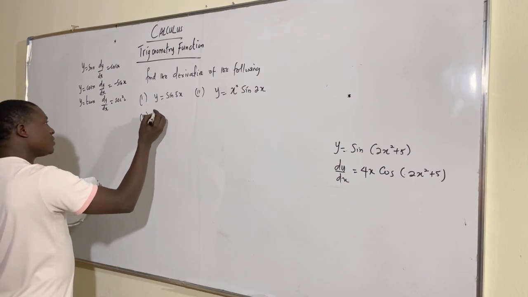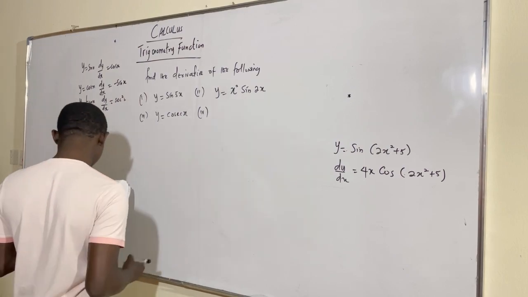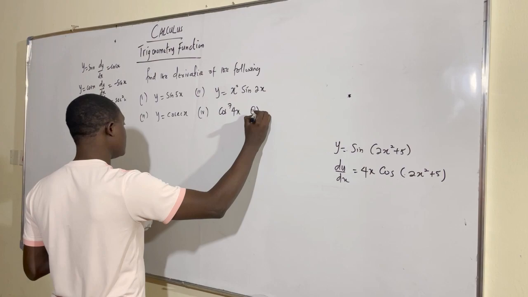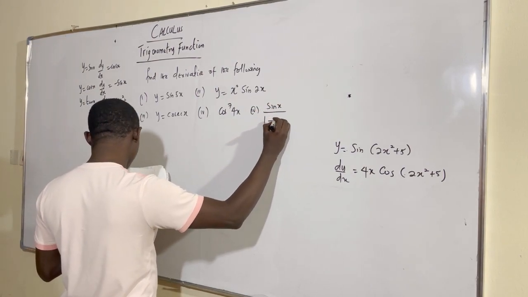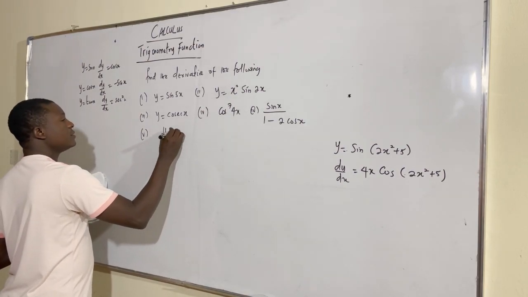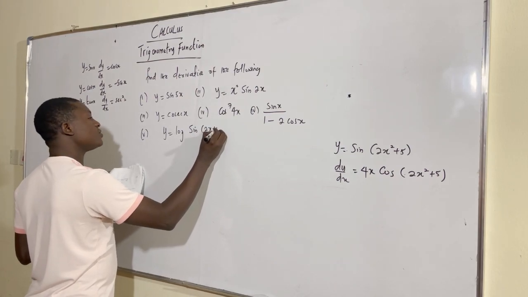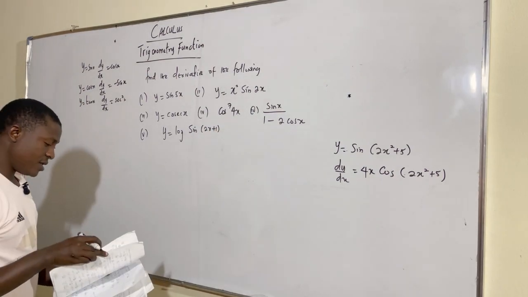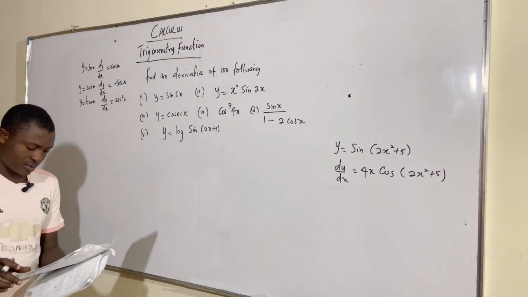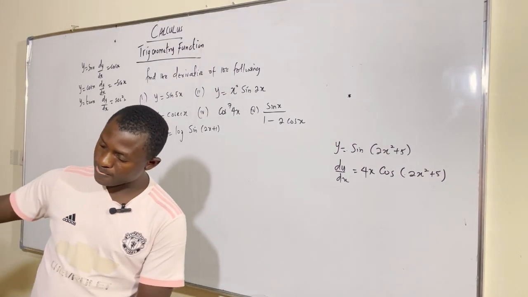Three, cosec x. Four, cos 4x. Then sine x over 1 minus 2 cos x, and log of sine 2x plus 1. So let's take a look at them one after the other so that we know how to approach all those problems.